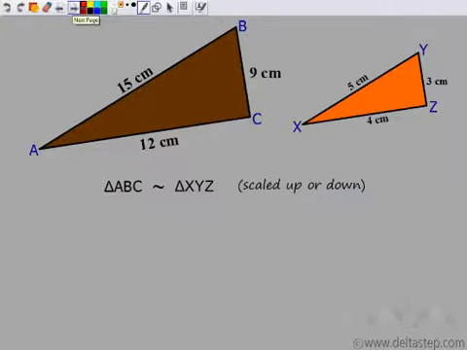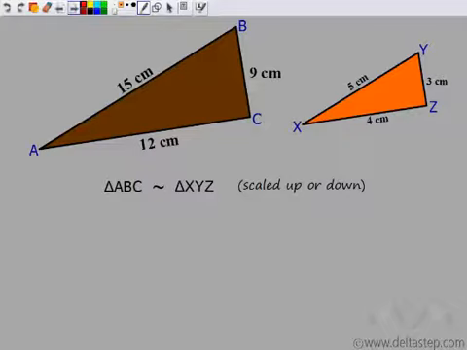So do you observe something here? We see that this side is 4, this is 12, 5, 15, 3 and 9. Do you observe a pattern? 4 into 3, 12, 5 into 3, 15, 3 into 3, 9.